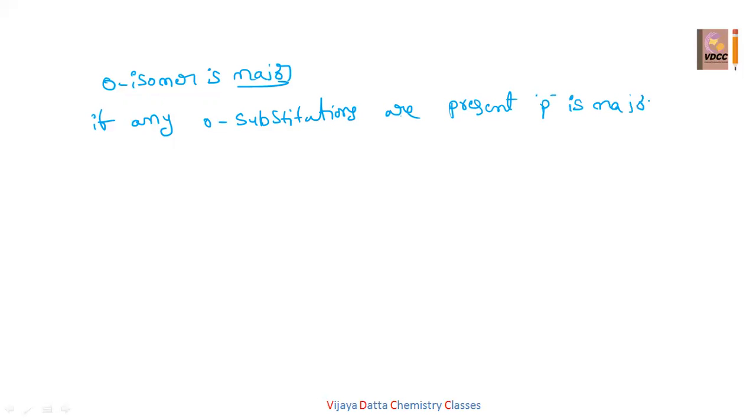I will take one example to explain this point. Now see here, it is phenol with a substituent, an OCH3 group. To this we add CHCl3 plus alkaline NaOH. This is called the Reimer-Tiemann reaction.